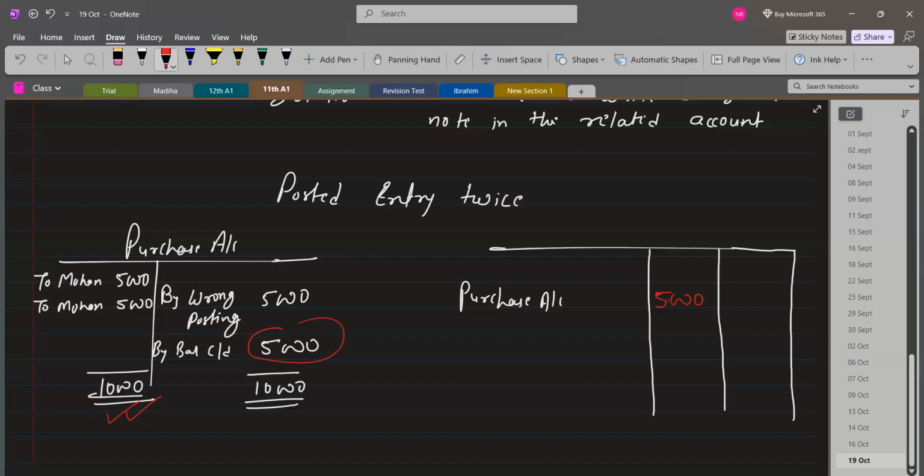So in the ledger, if you do this by posting on the opposite side, then your balance will be the same, but the total will be different. So the total will not affect our trial balance or final account. That's why there is no relevance of the total of the ledger. So we write the balance part in every trial balance.